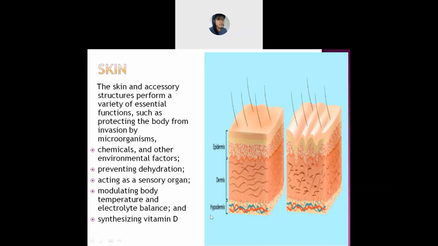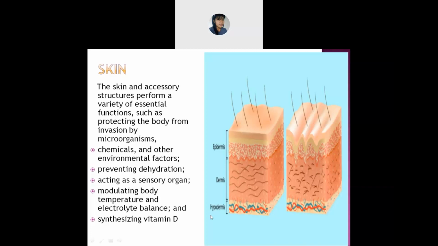Next is modulating body temperature and electrolyte balance. The skin also helps in maintaining our body temperature. Is it clear? It balances hot and cold, so your temperature stays balanced. And also the electrolyte balance, like the ions and fluids inside your body.